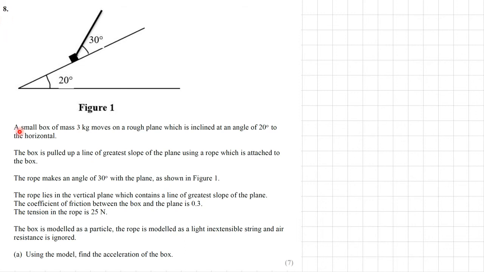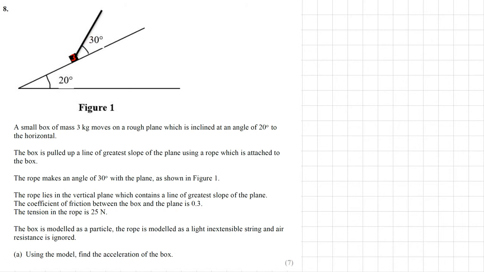Question 8. A small box of mass 3 kg, so that's going to be that little box there. Let's write a little 3 on it. Here we go. Moves on a rough plane which is inclined at 20 degrees to the horizontal, 20 degrees there. The box is pulled up the line of greatest slope of the plane using a rope which is attached to the box.